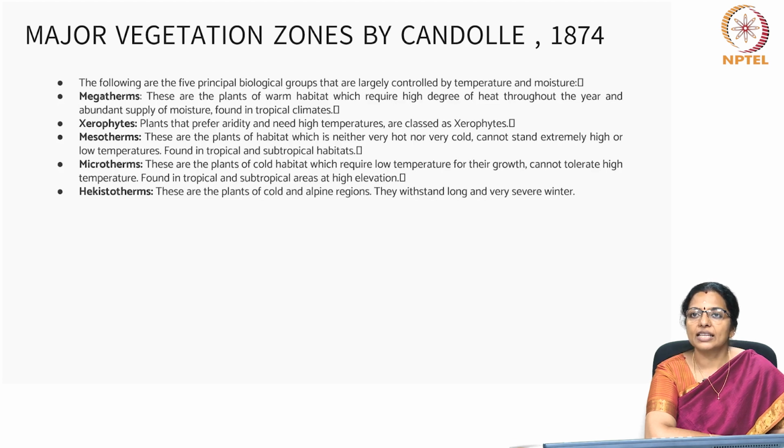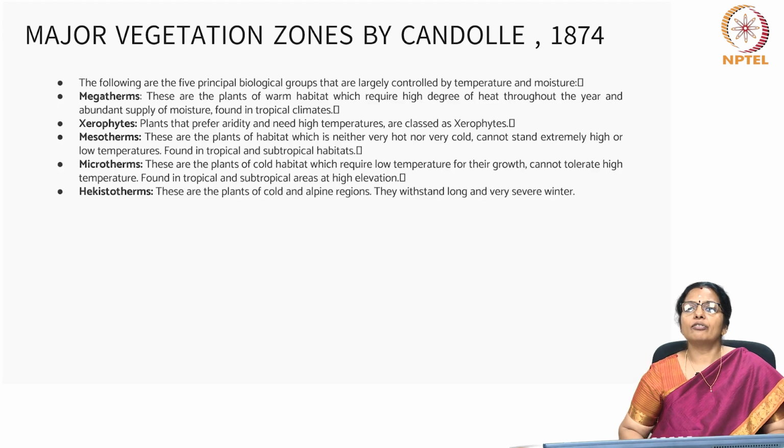These are plants that like moderate temperatures found in tropical and subtropical regions. After that, microtherms, which prefer colder climates, often in high elevations. Lastly, hecistotherms, which are plants tough enough to withstand harsh winters in cold and alpine regions. These groups help us understand where different plants grow best.